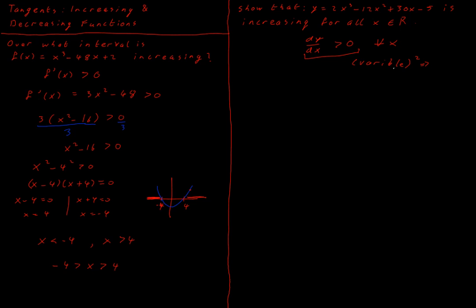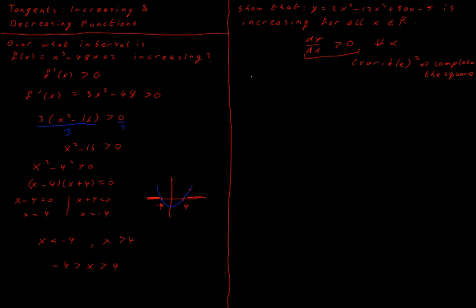So we are going to complete the square in order to do that. That's the most common method that we end up using. So let's look at this in practice.